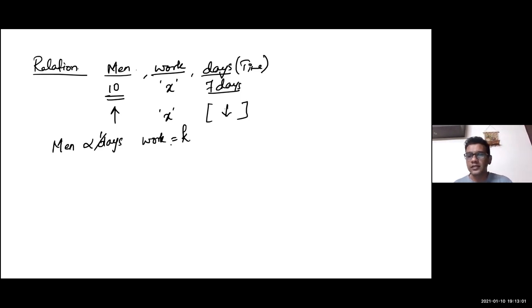The more the men, the fewer the days; the fewer the men, the more the days. Similarly, if I keep my men constant, at 10 people only, but I increase my work.